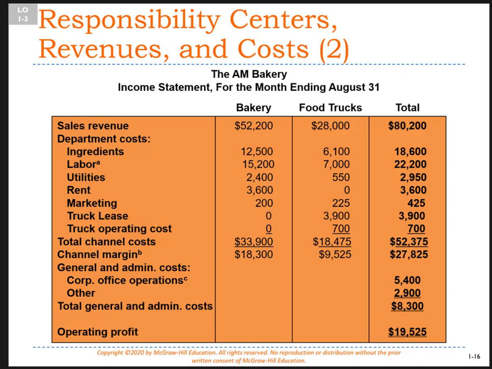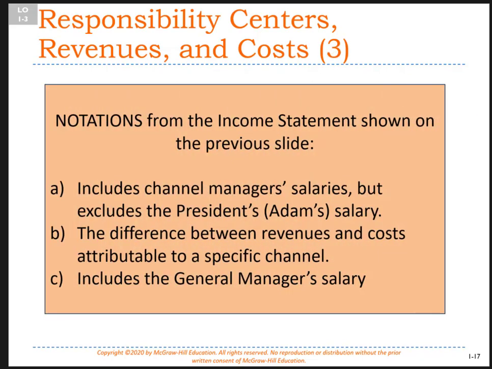Things like general administrative for the whole company become kind of off to the side and are not generally used to evaluate the responsibility. We'll get into more detail about how we would differentiate between general costs and specific costs in a later chapter. So, a couple of things that they did in this one: the channel manager salary is included in the particular responsibility center.